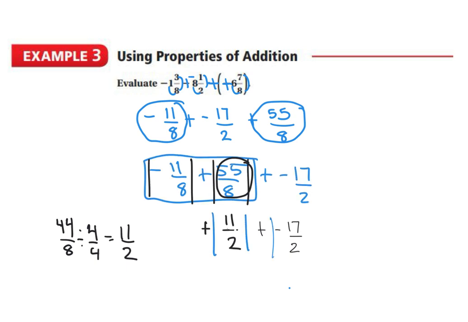We have different signs. We notice that 17/2 has a greater absolute value, so we know our answer is going to be negative. And 17 minus 11 is 6. Negative 6/2 is negative 3.